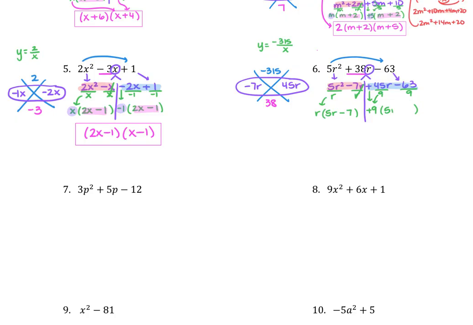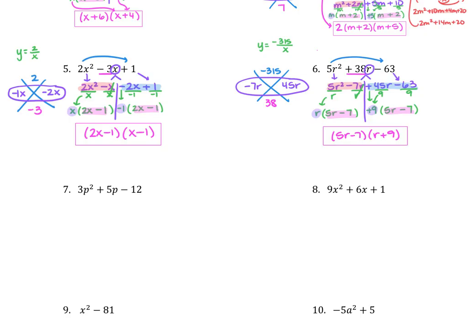That leaves me 5r, and -63 by 9 gives me -7. We can see that these two binomials match, so I know I've done it correctly. That's going to be my first binomial. My second binomial is going to be my leftovers of r plus 9. Again, I can double distribute or FOIL or box to double check my answer.